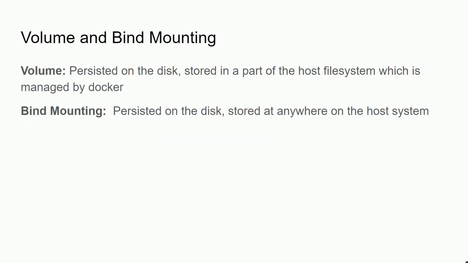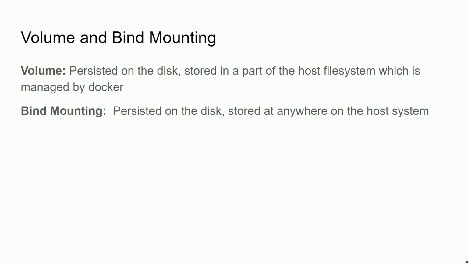Now let's come to the main point, volume and bind mounting. There are two ways to attach a storage. First one is volume and second one is bind. A volume persists on disk, stored in a part of the host file system which is managed by Docker, and bind mounting persists on disk and is stored anywhere on the host machine.